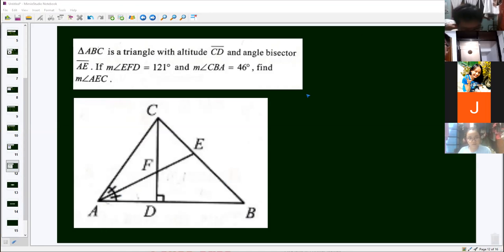Pero so far, Larky, there's something wrong. Christine, check your arithmetic. Madali lang yung angle chasing. Yabang talaga ni Rain. Lakas talaga ni Rain. Madali lang daw yung angle chasing. Huwag na tayo mag-aaksaya ng panahon, sabi ni Rain.